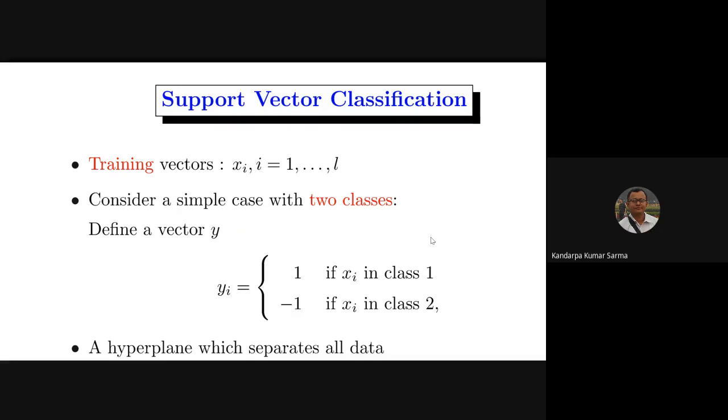So we can summarize the support vector based classification like this. We can take training vectors xi with i taking values of 1 up to L. Let us consider two simple cases. We define a vector yi taking value 1 if xi is in class 1, minus 1 if xi is in class 2. So a hyperplane which separates all data shall be the key for the classification.